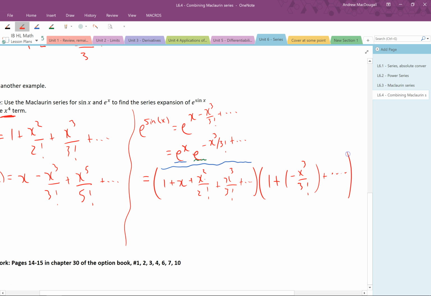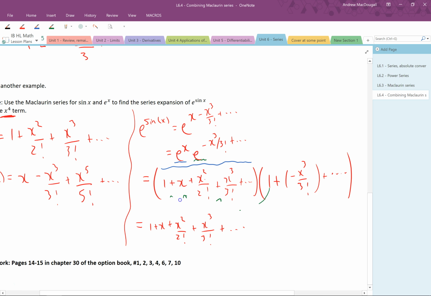And we can imagine now using the distributive property. So if I took this 1 and multiplied it through, for instance, I would get 1 plus x plus x squared over 2 factorial plus x cubed over 3 factorial plus a bunch of stuff. And then I can also imagine doing the same.